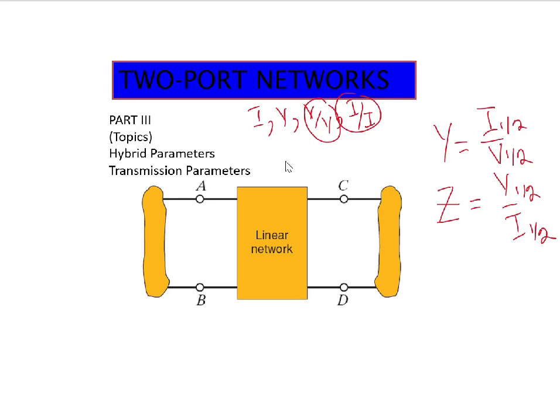We will not talk about impedance or gain in it. Similarly, in z parameters we will only talk about impedances: input impedance, output impedance, reverse transfer and forward transfer impedance. So let's talk about hybrid parameters.